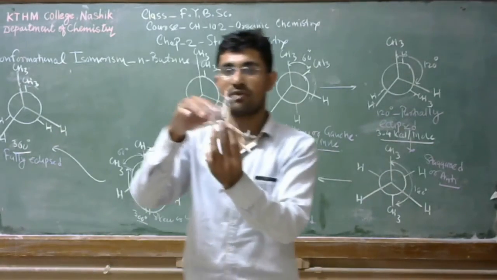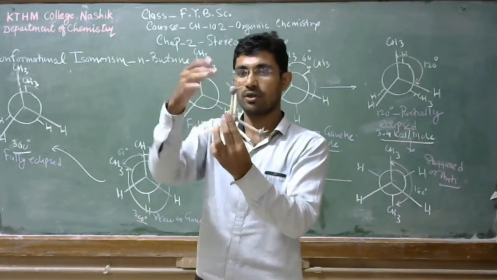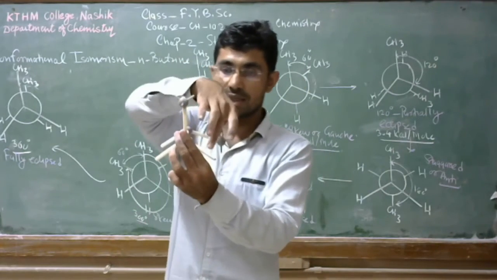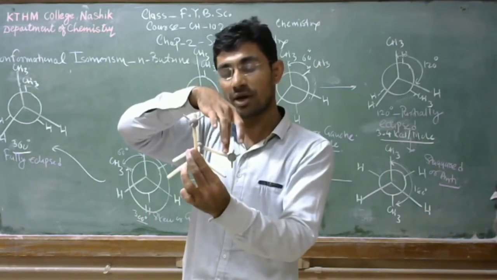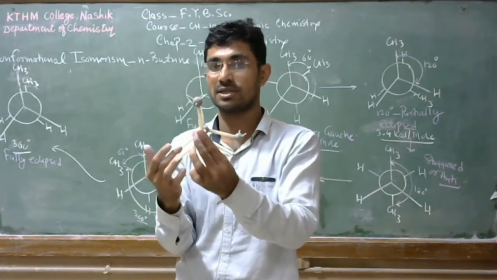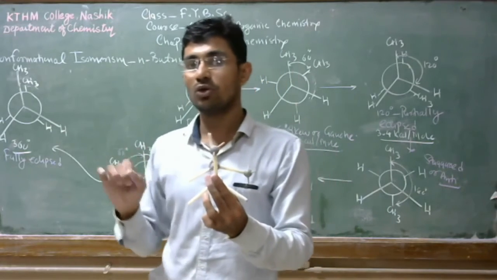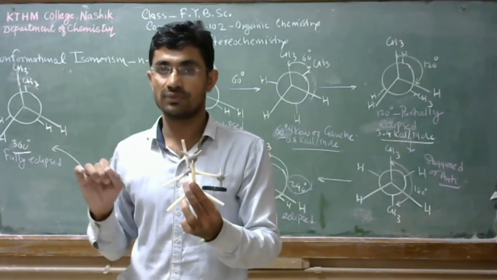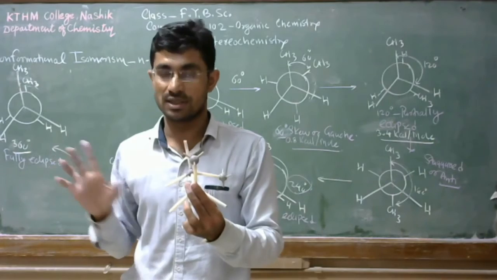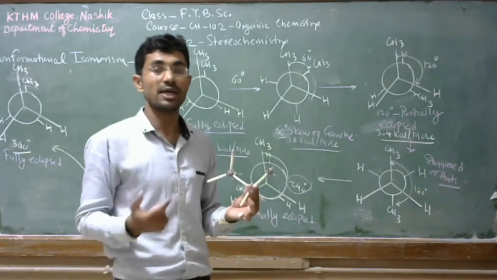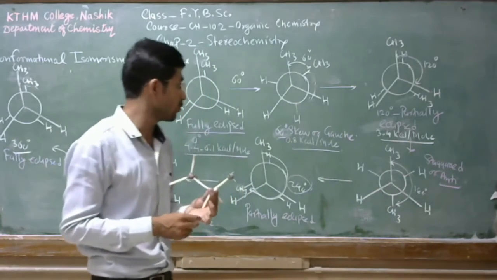Because we can see from this model that this methyl and H show eclipsing interaction, this H and this methyl group show eclipsing interaction, and also this H and this H. Overall, two methyl-H and one H-H interactions are present, so the energy content is nearly about 3.4 kilocalorie per mole.